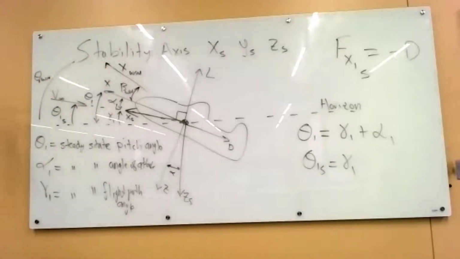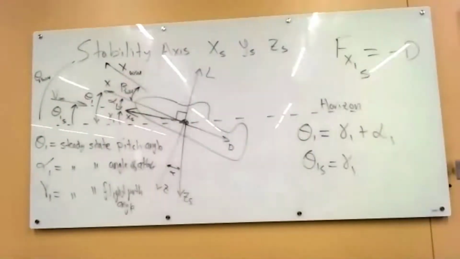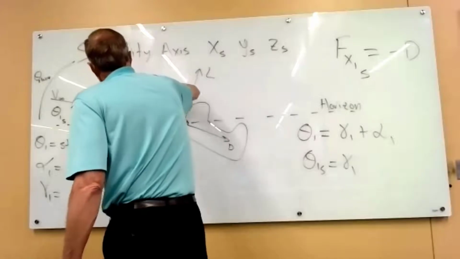Again, all these axes are arbitrary, it's just that the stability axis is one that is really helpful. I guess we could have called that the Wu-Shock axis system, I don't know. So don't add that to your notes unless you really want to.